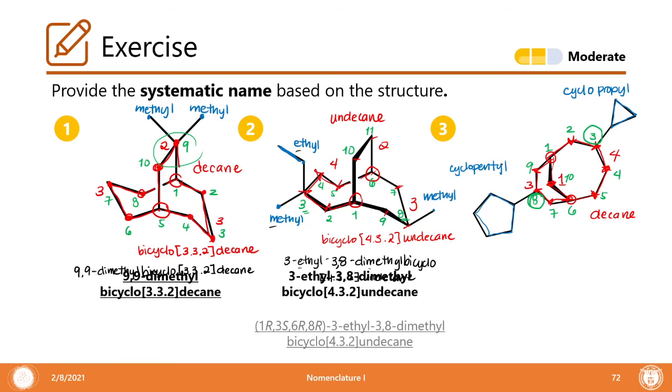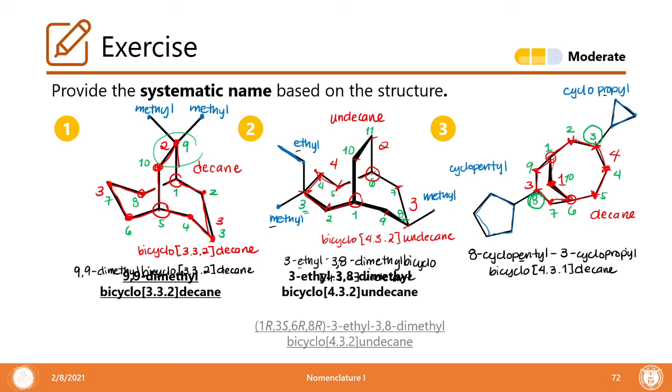Okay, so we'll arrange it. We'll start with 8-cyclopentyl. Why? Because we have E before R. Cyclopentyl, 3-cyclopropyl, and then followed by bicyclo 4, 3, 1 decane.